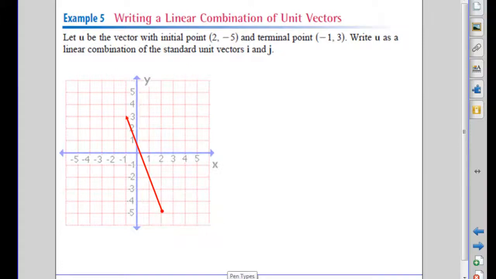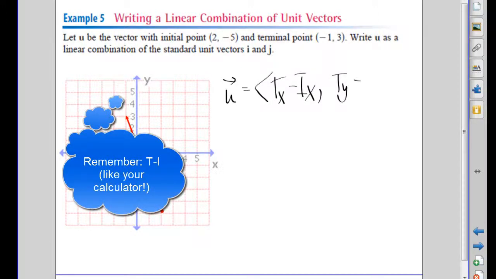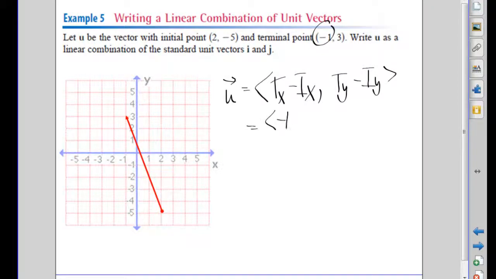So vector u: we always subtract terminal x minus initial x, comma, terminal y minus initial y. Plugging in values, terminal x is -1, initial x is 2, comma, terminal y is 3, initial y is -5, so plus 5. So in component form, we've got vector u as being -3, 8.